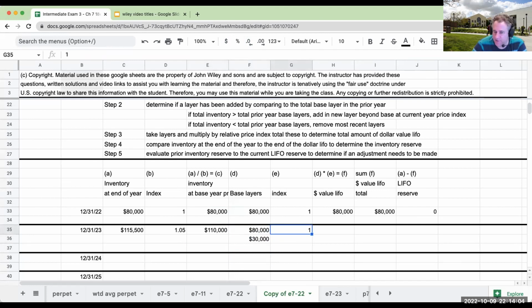Now for this new layer I added, I'm going to use an index of 1.05. So my inventory under dollar value LIFO is going to be 80,000 plus 30,000 times 1.05.